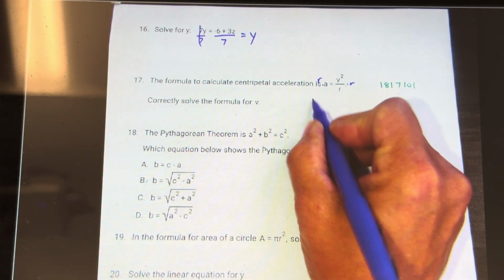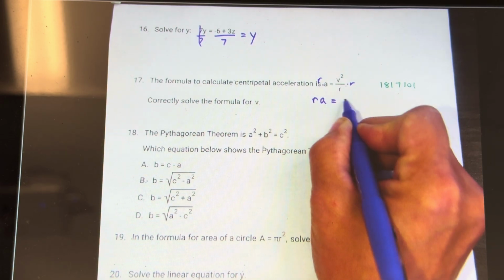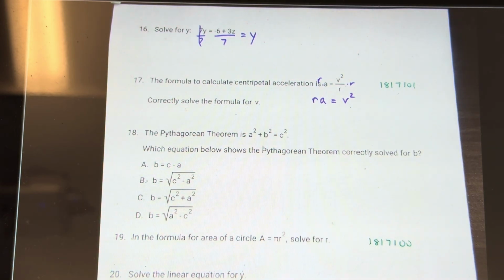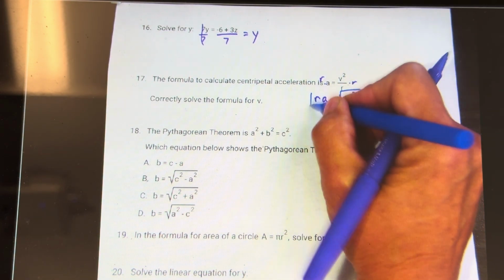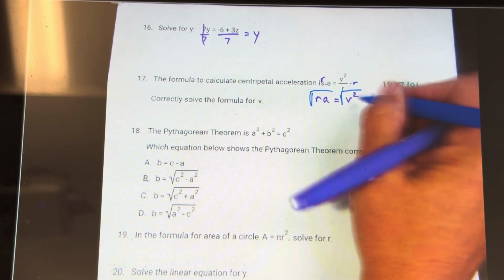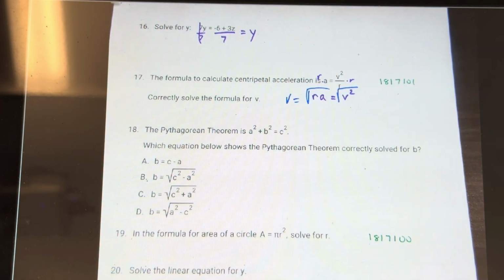And so ra equals v squared. And so the opposite of squaring something is square root. If you forget what the opposite is, it's above squaring. So v equals the square root of ra or ar, doesn't matter.